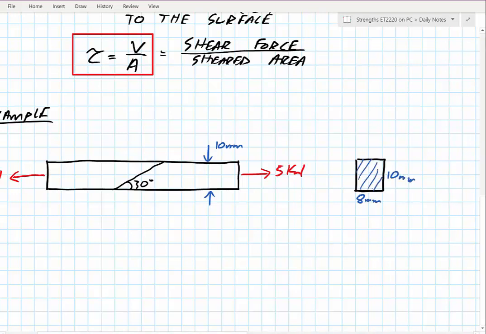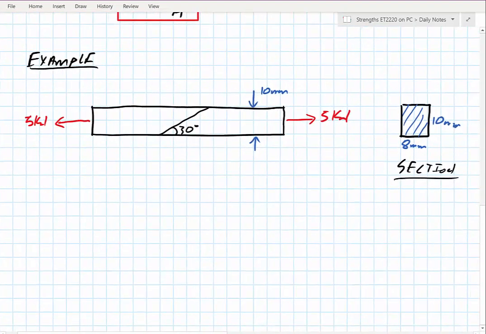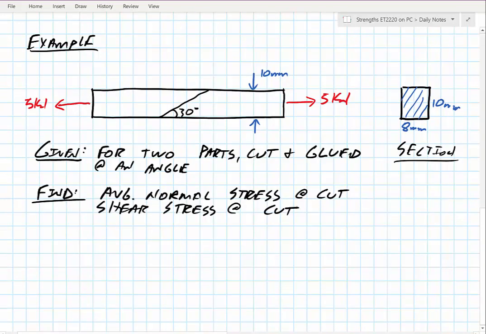That's my cross section. Something like that. All right, so let me put what is given and what we need to find. So what's given is for the two parts cut and glued at an angle, what we would like to find is the average normal stress and the shear stress at that cut or on that surface.